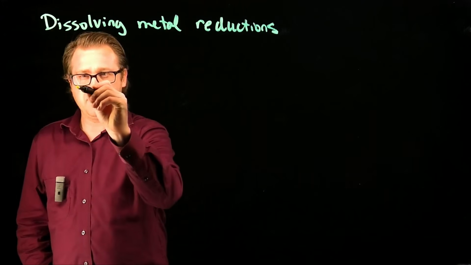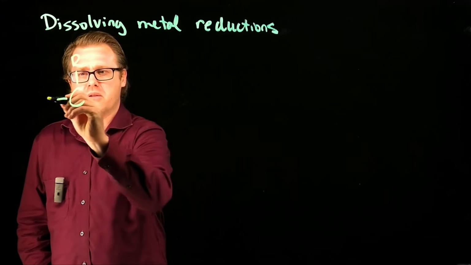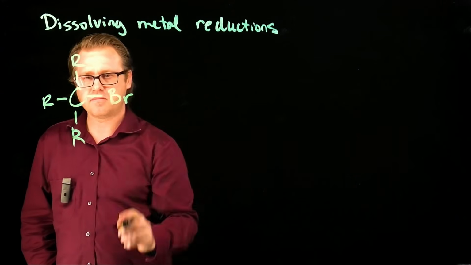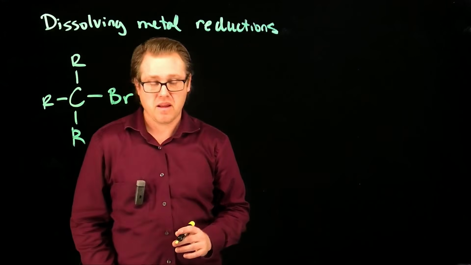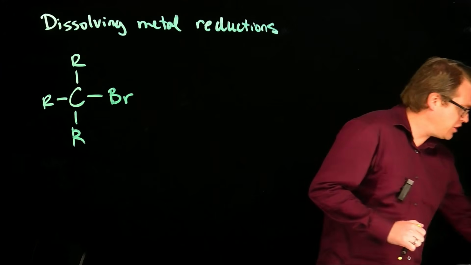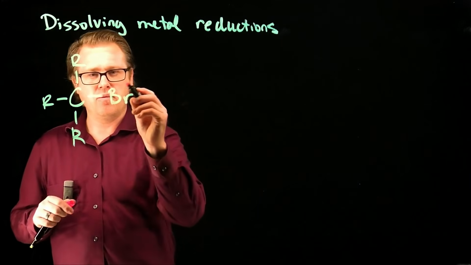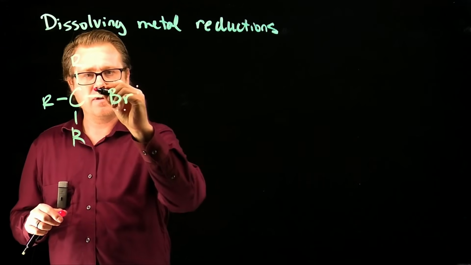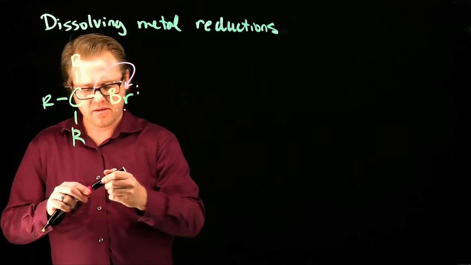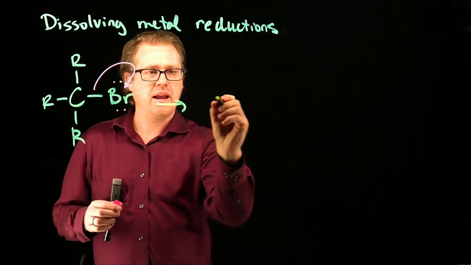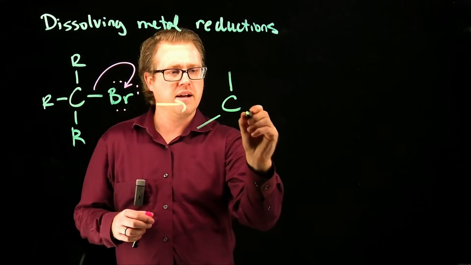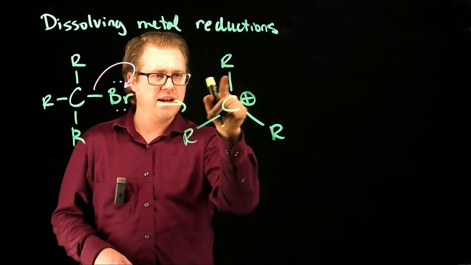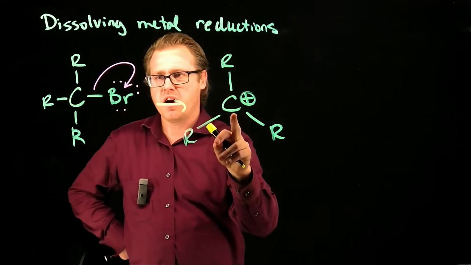So let's just talk about something that we are familiar with. What if I take this tertiary alkyl halide and I start off with an SN1 type of thing here. The two electrons in this bond, when I draw an arrow like that, we see that we are going to get a tertiary carbocation because it only has 6 electrons around that carbon.